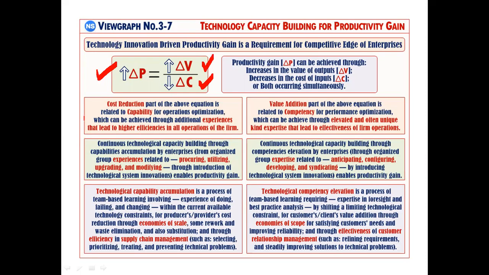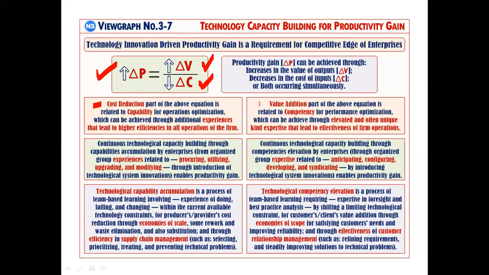But please remember that I can lead the cost reduction part of this equation with capability, which is achieved through enterprises that lead to higher efficiency in the operations of the firm.